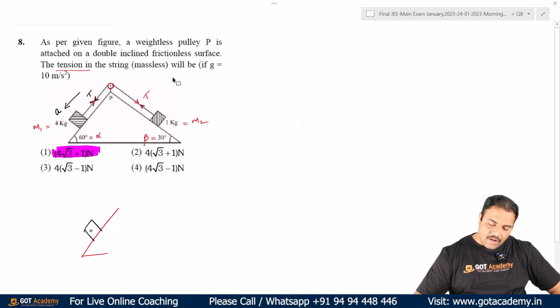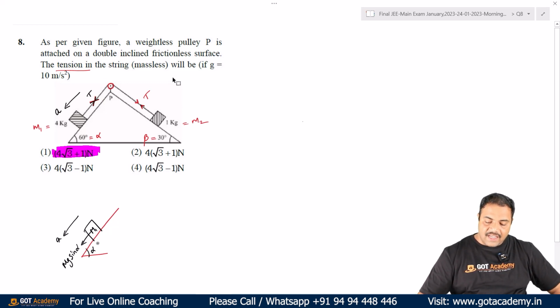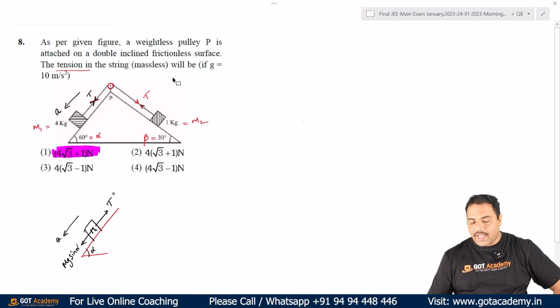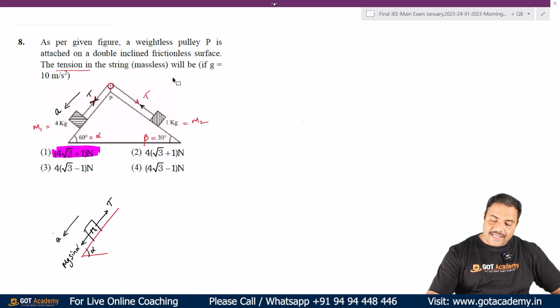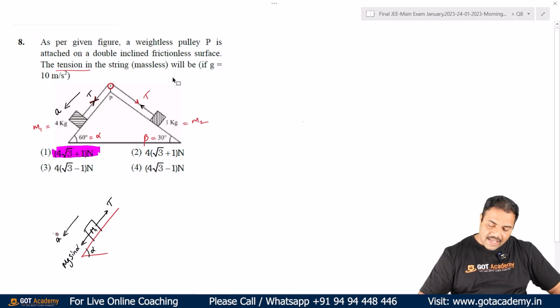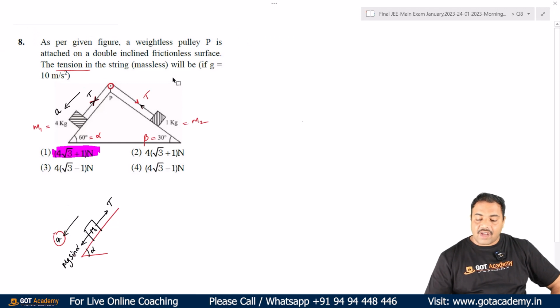So this is a block of mass M1 which is coming down with an acceleration A. This component is mg sine alpha, saying this angle is equal to alpha, whereas on the other side tension T is there. Since it is coming down with an acceleration A, the downward force is bigger than the upward force.